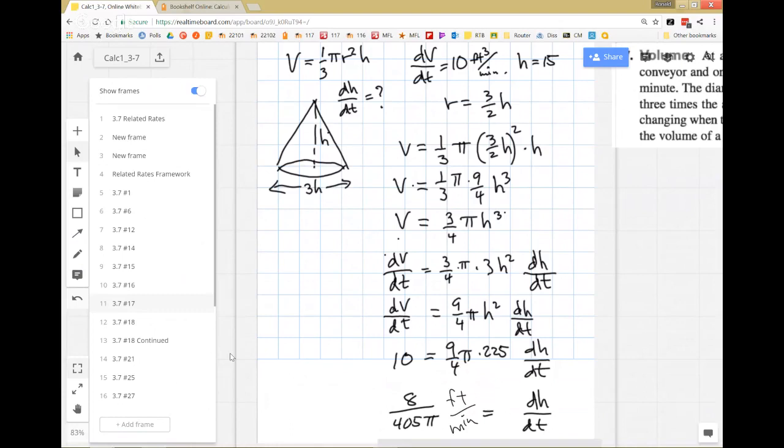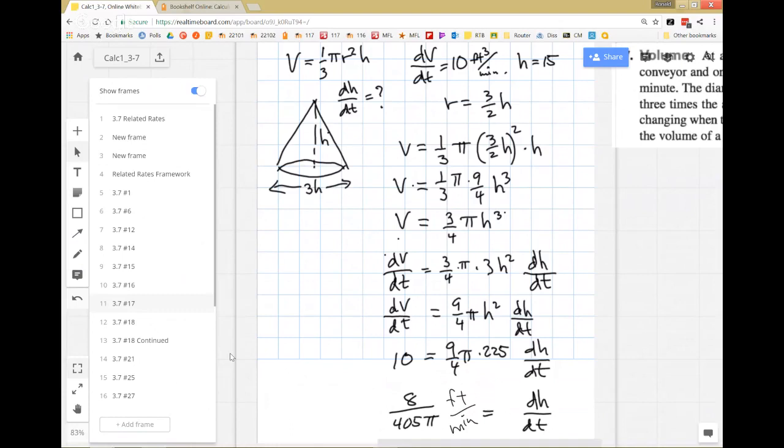So anybody have any comments or questions? Number 17. You want to work on number 12? Okay.